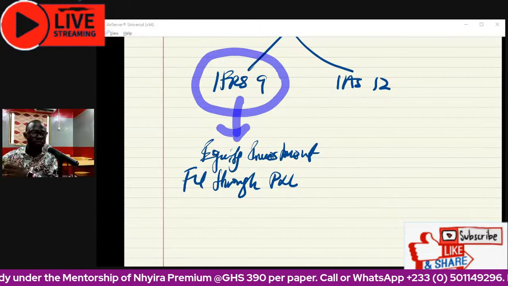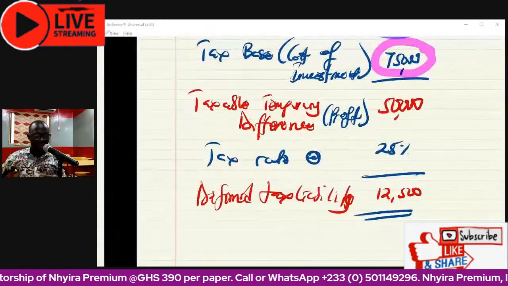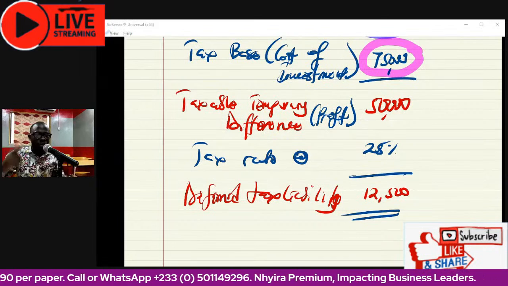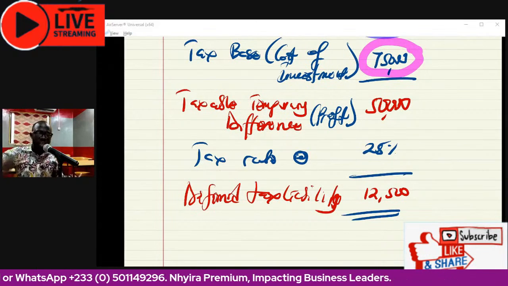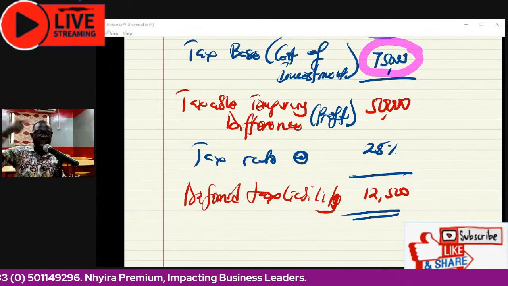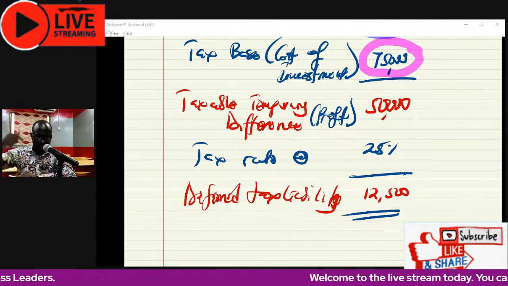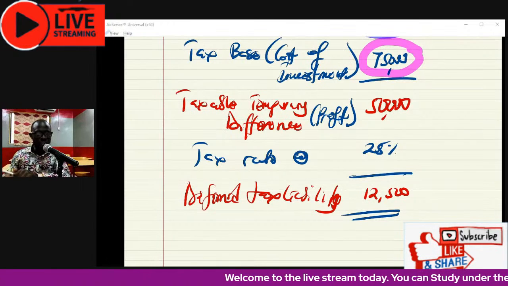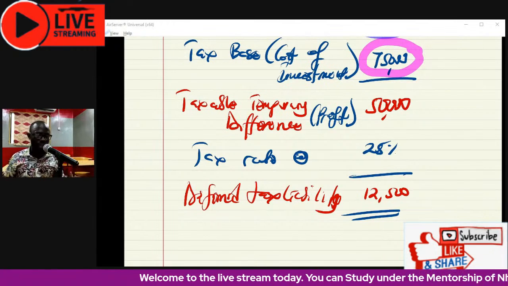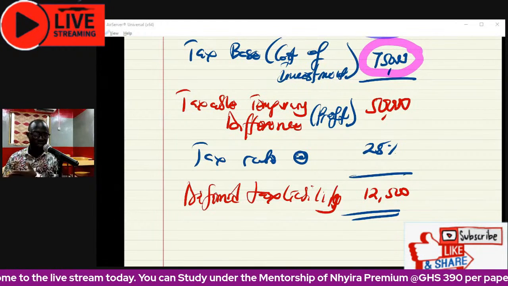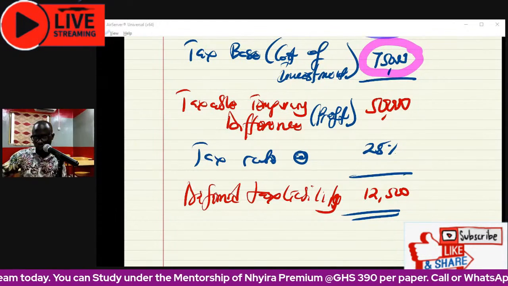So this deferred tax of 12,500, you provide for it because you are likely to pay for it in the future, next year, if you sell the shares. And so this results into a deferred tax liability. Now, what will be the double entry for this?